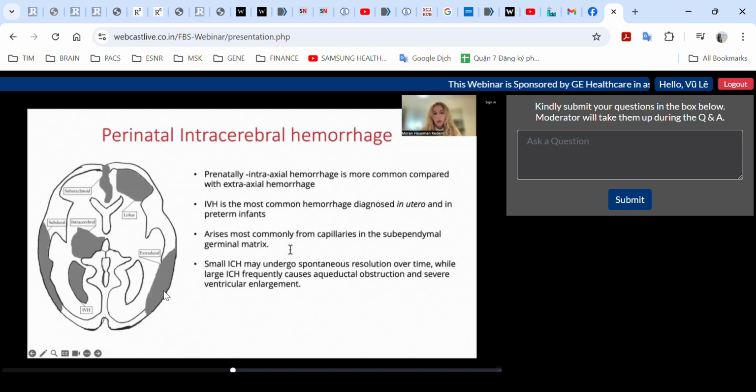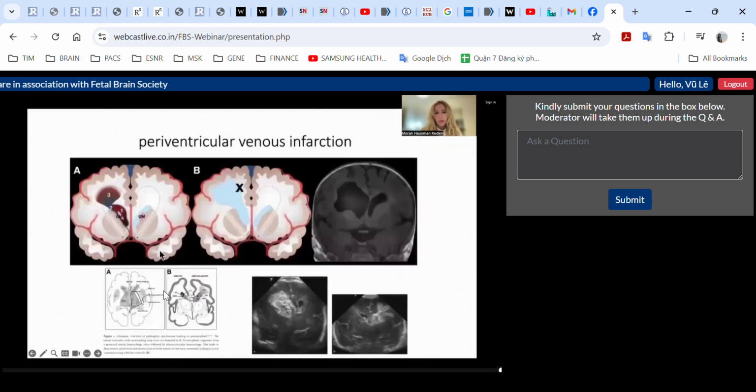So small intracranial hemorrhage may undergo spontaneous resolution over time, while large intracranial hemorrhage frequently causes aqueductal obstruction and severe ventricular enlargement, often requiring neurosurgical intervention, or it can be associated with infarction and destruction of the white matter surrounding the ventricles and result in a periventricular venous hemorrhagic infarction or, at a later stage, in porencephalic cyst.